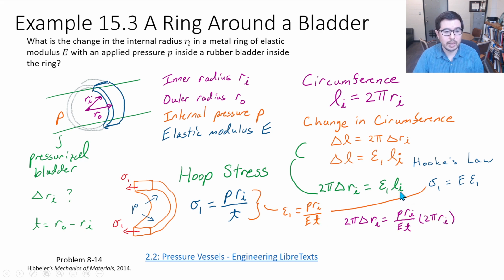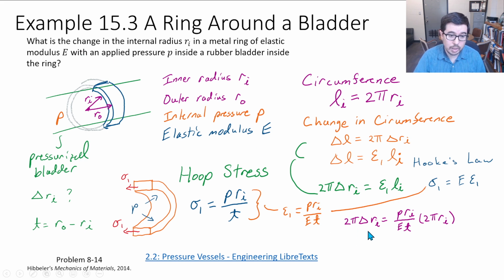Also keep in mind that Li is the circumference up here. So that's the 2 pi Ri right here. Okay, so that's this term. Epsilon 1 is this term, and then this left term stays unchanged. We were interested originally in the change in radius. What is the change in the internal radius Ri?